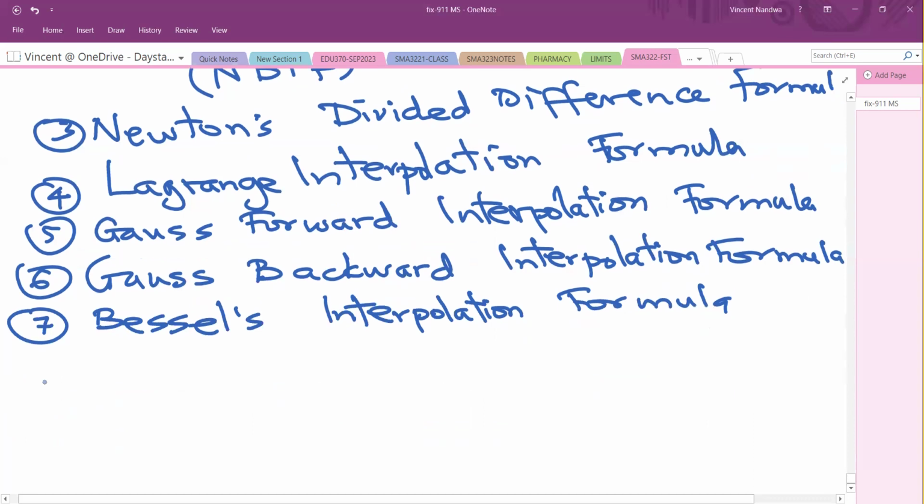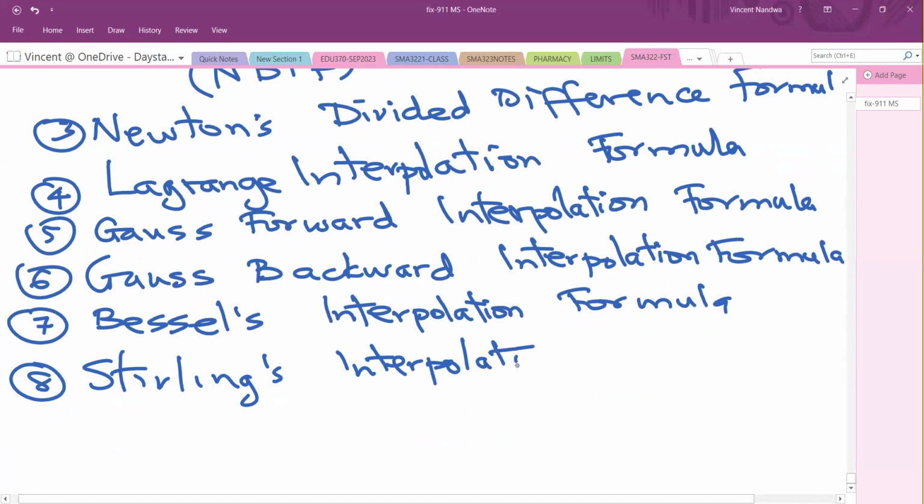Then there's what we call Stirling's interpolation formula, etc.